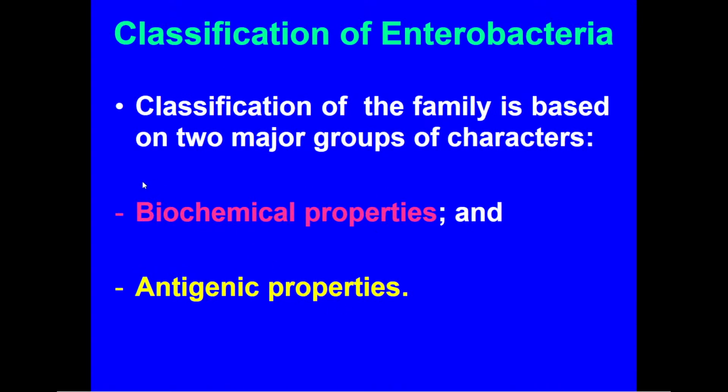Biochemical characteristics are very important for enterobacteria, because the identification and classification of these bacteria are performed based on the biochemical properties that we mentioned and also the antigenic properties that we have discussed before.